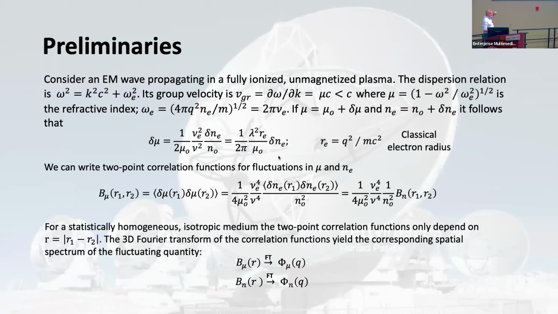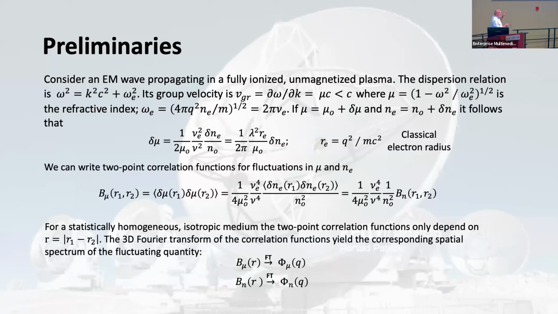Okay, there is one dispersion relationship for electromagnetic radiation in a plasma. You can work out the refractive index. The group velocity is going to be less than the speed of light for photons in a plasma. You can express the fluctuating part of the refractive index due to inhomogeneities in the medium in terms of fluctuations in electron number density, okay?